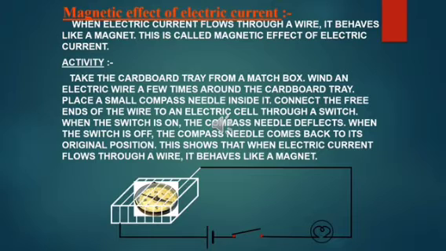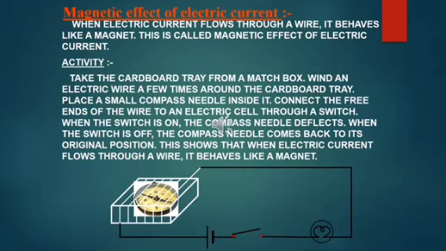Below the box, you can keep a small compass needle if you have one at home, and then you make a circuit of your own. Connect one wire end to the negative terminal, one wire end to the positive terminal, along with one bulb and a switch.